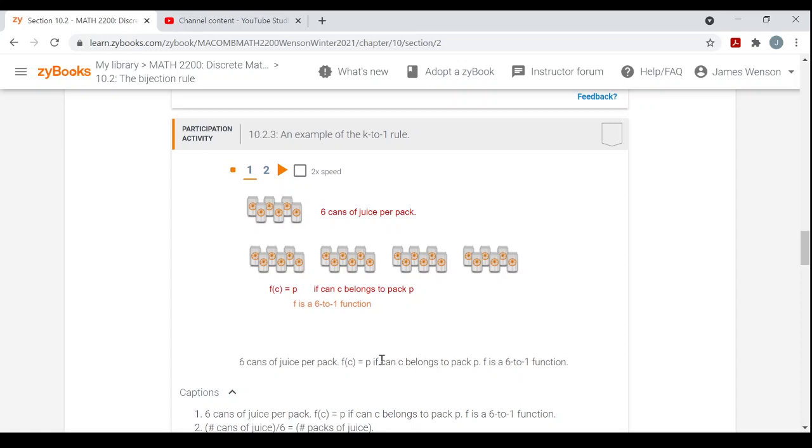So the number of cans is 6 times the number of packs, or the number of packs is the number of cans divided by 6. A very simple example of a k-to-1 correspondence, in this case a 6-to-1 correspondence.